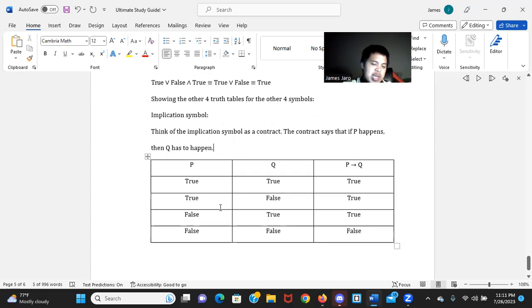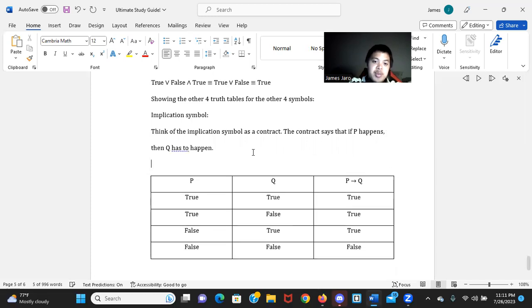We'll still have the same truth values, P being true, true, false, false, and then Q being true, false, true, false. But now the idea with P implies Q is that we're evaluating whether or not the contract holds. In other words, is the contract valid? So let's take a look at this. If P and Q are true, then the implication statement P implies Q. Well, let's think of it from this example.